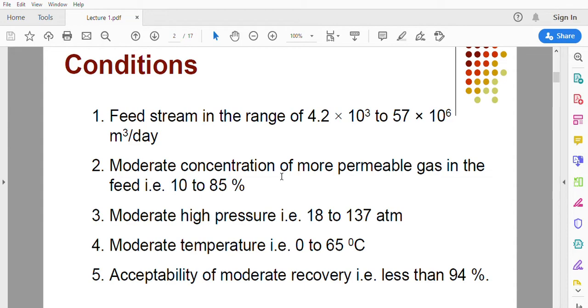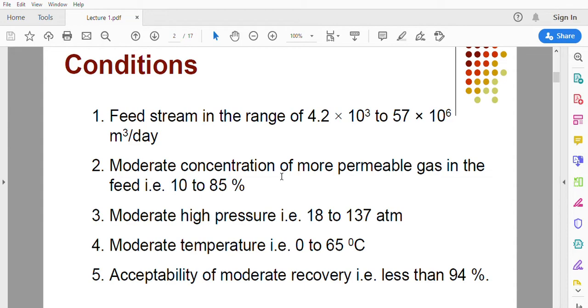The last condition is acceptability of moderate recovery, less than 94%. Because this is a membrane based process, the recovery is slightly lower. So you cannot recover 100% of the desired gas from the system, or even 99% of the desired gas.